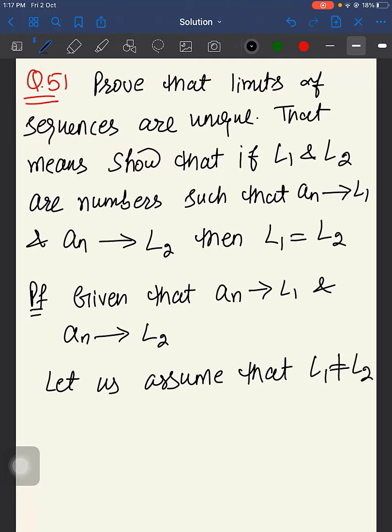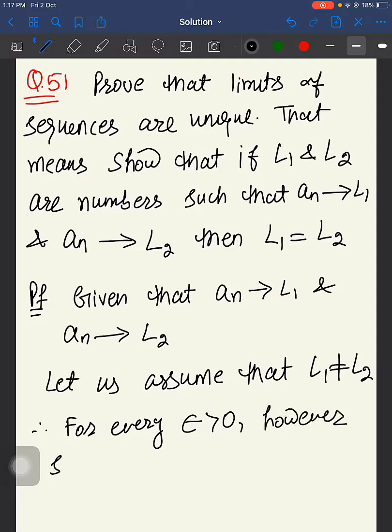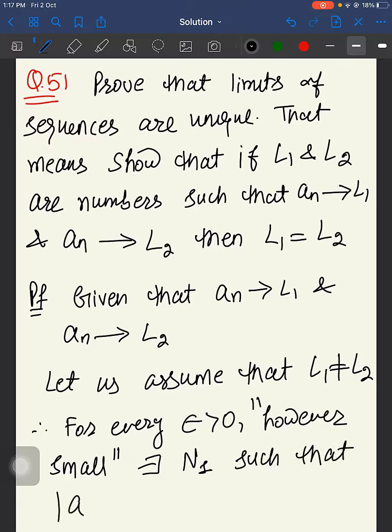Now, since an is converging to L1, for every epsilon positive, however small, for any choice of epsilon, there exists a defender N1 such that the difference of an and L1 can be made less than epsilon for all the terms after N1.